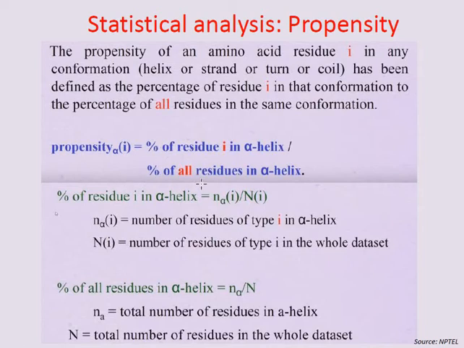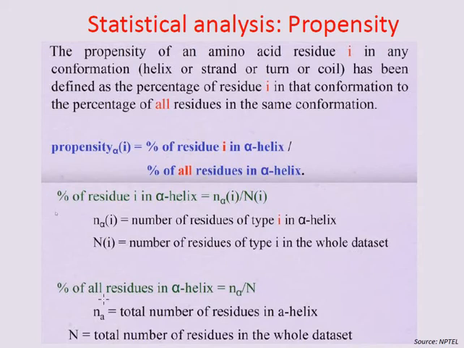Further, these values can be calculated as the percentage of residue i in alpha helix, n alpha i divided by capital N i. What are these values? n alpha i is the number of residues of type i in alpha helix, and capital N i is the number of residues of type i in the whole data set.